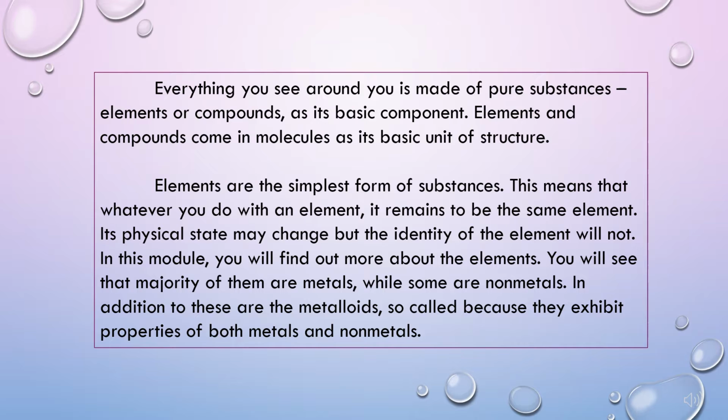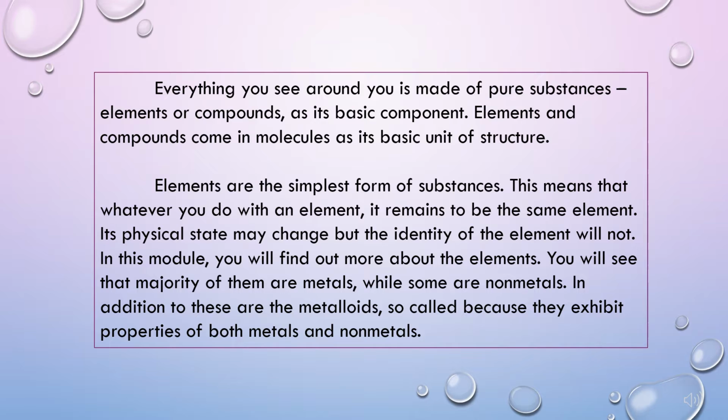Elements are the simplest form of substances. This means that whatever you do with them, it remains to be the same element. So element or atoms are the simplest form of substances. Substances are made up of these elements.